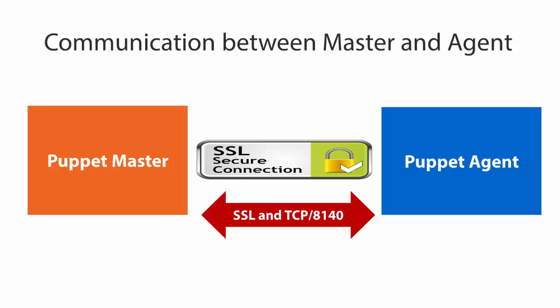If an agent submits the certificate created from the private and public keys to the master, the master will sign this certificate. This signed certificate will be used for the authentication between master and agent. Also, an agent needs to pull configuration from a master to apply to itself.